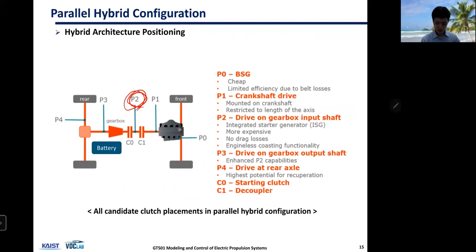But you can also put a smaller motor next to the engine, which is P1 and P0. So P1 and P0 is more suitable for micro hybrids. And then you can also put the motor at the output of the gearbox or at the rear wheel axle, usually for rear wheel drive heavy duty vehicles. Okay.